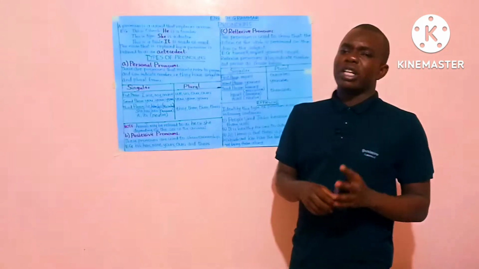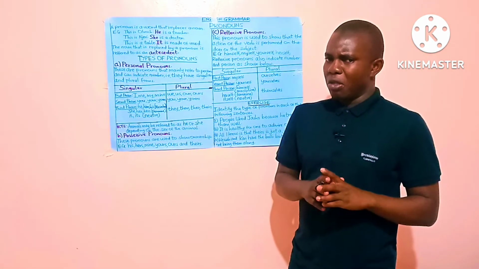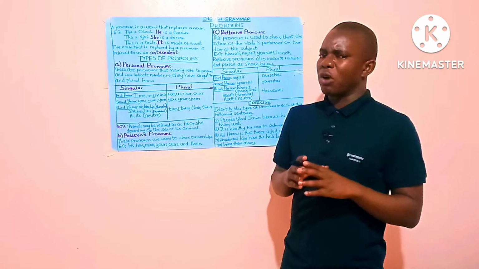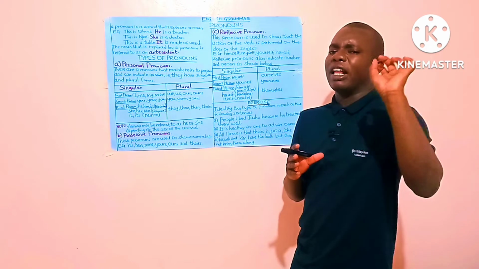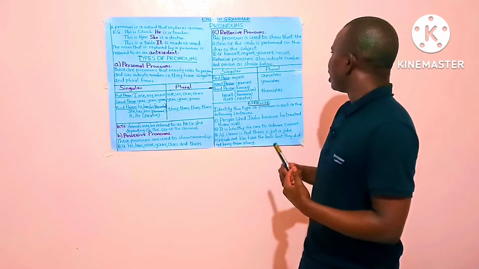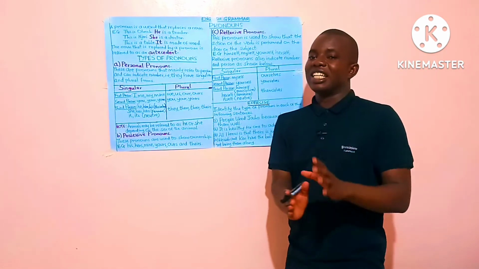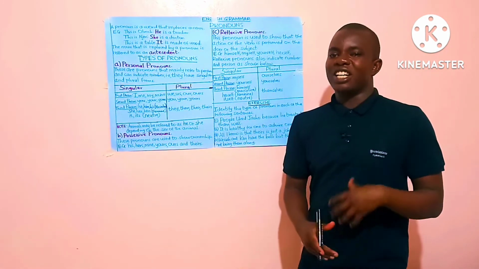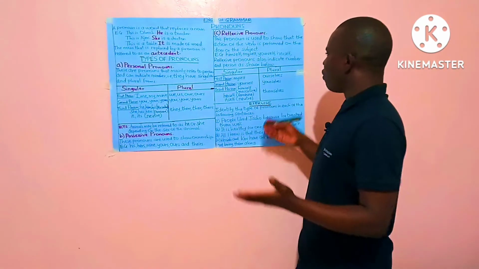It is also very important to note that reflexive pronouns also have persons and they also indicate number. That is, they can exist in both singular and plural forms.